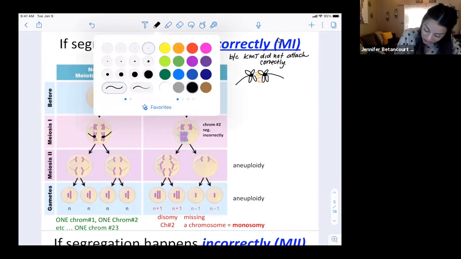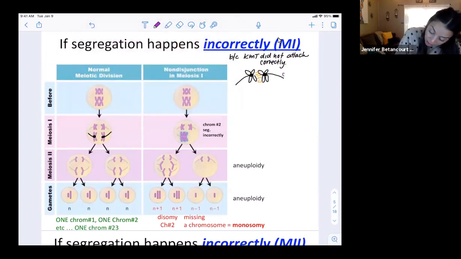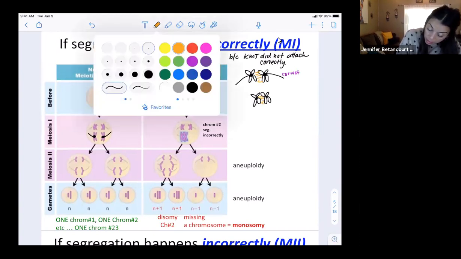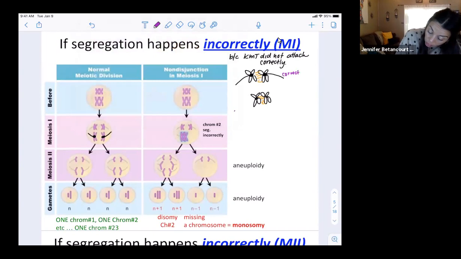If it did not happen correctly, here's your chromosomes, let's draw them again, with our synaptonemal complexes. Incorrectly means that a kinetochore microtubule from one pole attaches, and then no microtubule attaches to the other side. So there's no microtubule coming from the other pole.